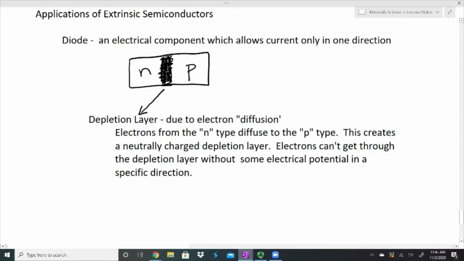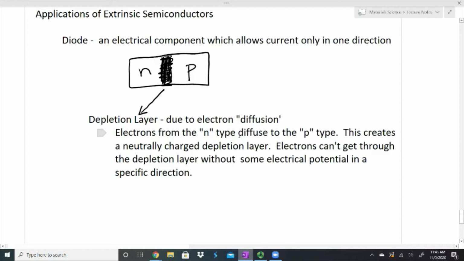Everything has 4 bonds and no extra electrons sitting around. So there's no ability for additional electrons to fill the holes that are left over on the far right side because they can't get through this neutrally charged layer.